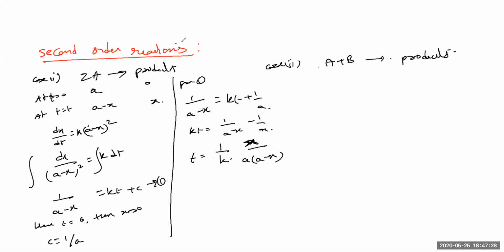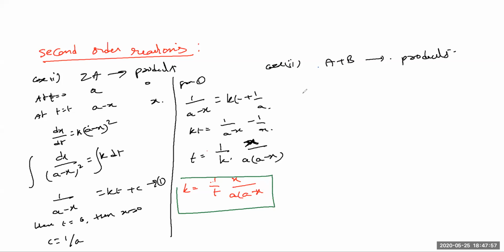This is the integrated equation for time, and the second order rate constant is k is equal to 1 by t into x by a into a minus x. This formula is important for integrated rate.